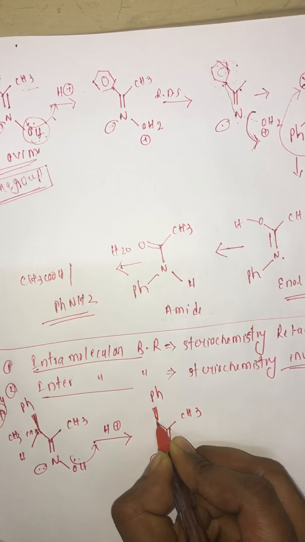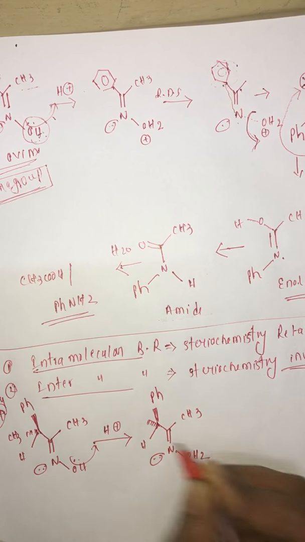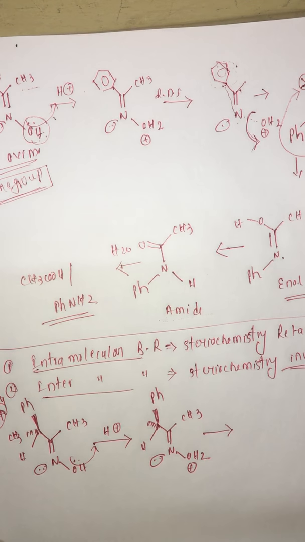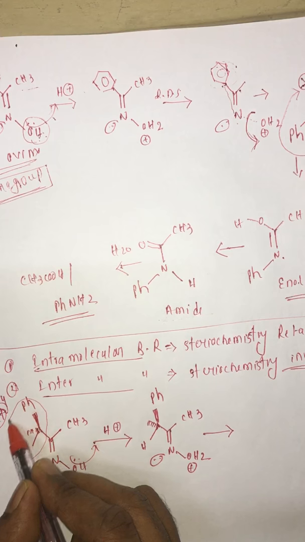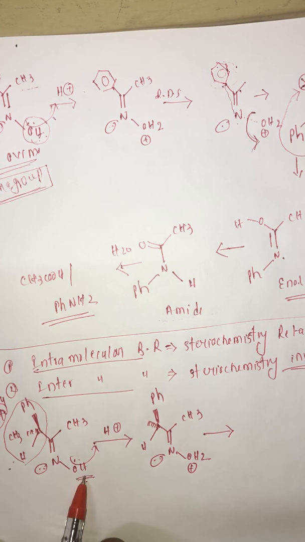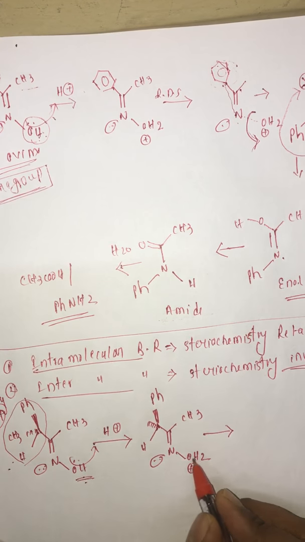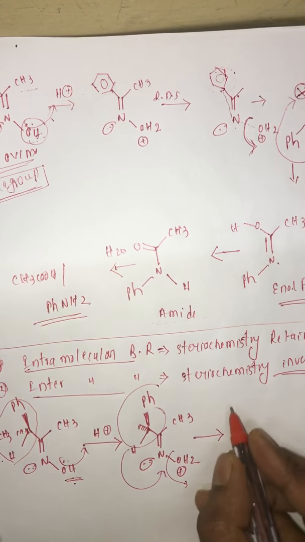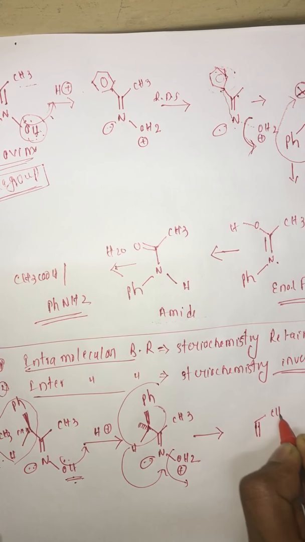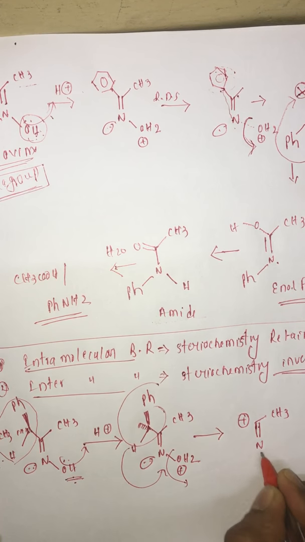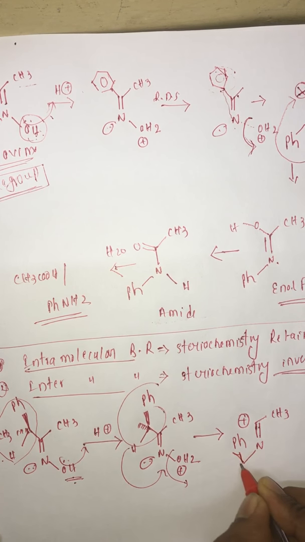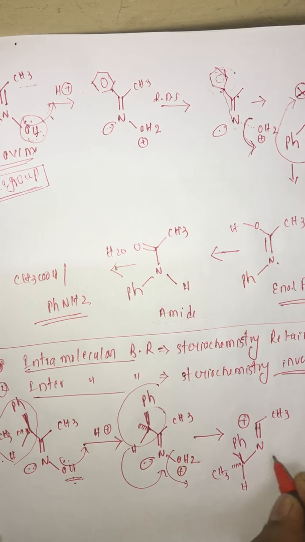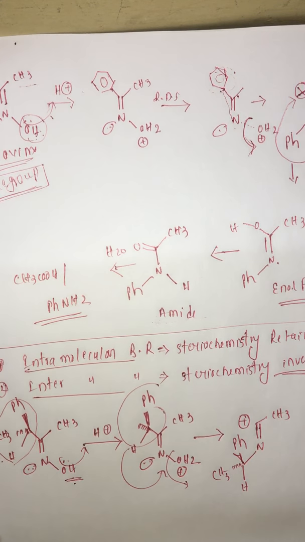Here we have Ph, CH3, hydrogen. As I said earlier, the group which is present exactly opposite to the OH will migrate. Here this group is present opposite to the OH, so this group is migrating. You remove this and this group will migrate from here to here, so that we get CH3 here, positive charge, N, so Ph, hydrogen and methyl and hydrogen, then here we have a positive charge.